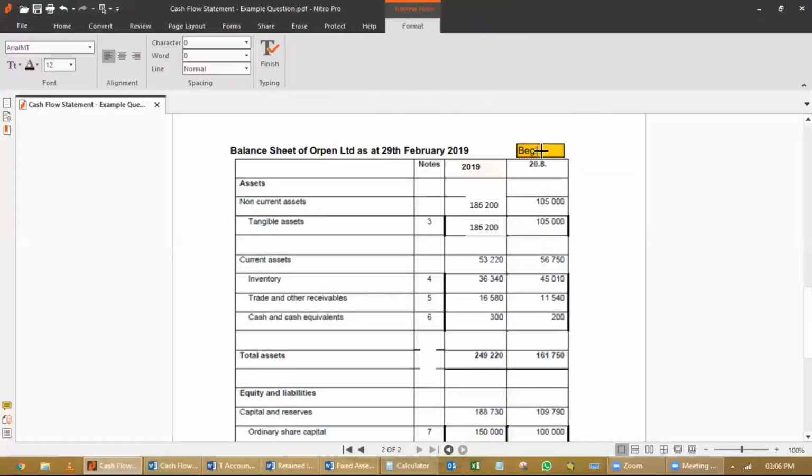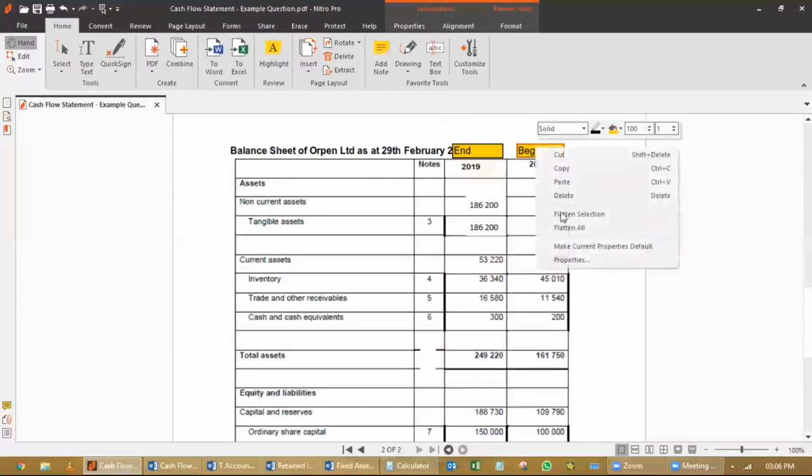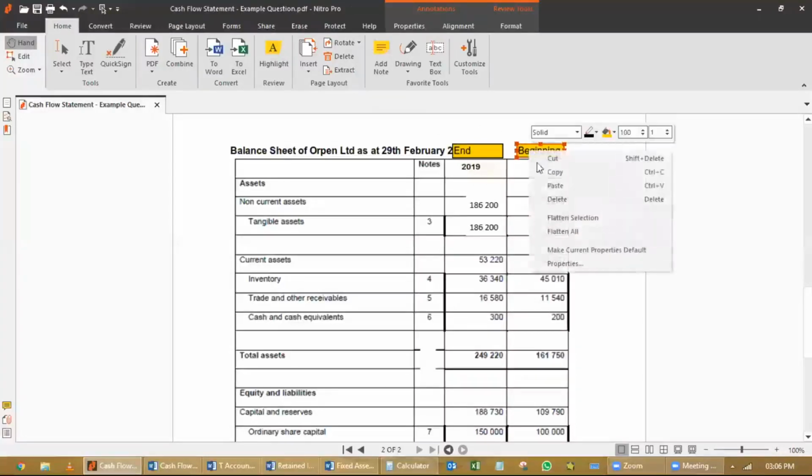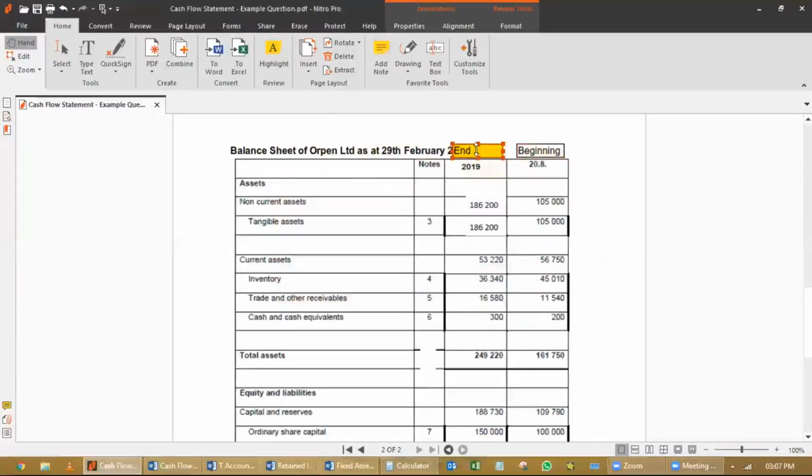Okay, beginning. And then at the top of your current year's figures, you will write end. So you know this is the beginning of the year, this is the end of the year's figures, and that will just make things easier as you go along to interpret your information.